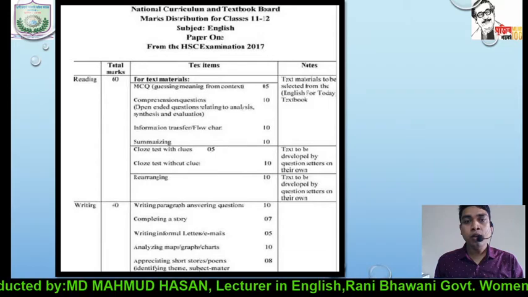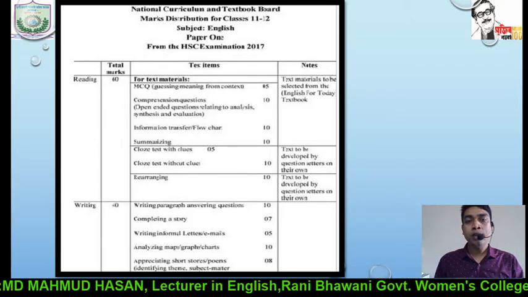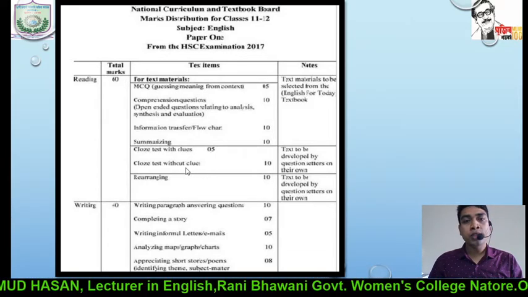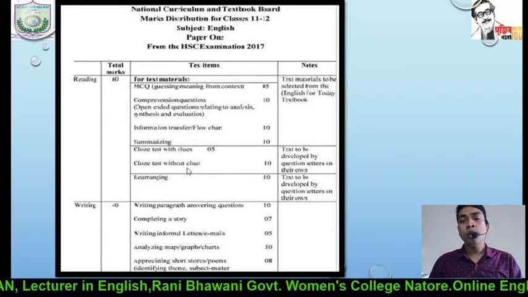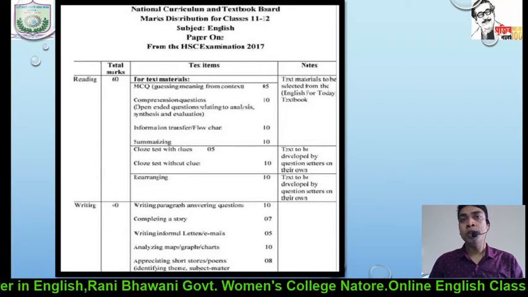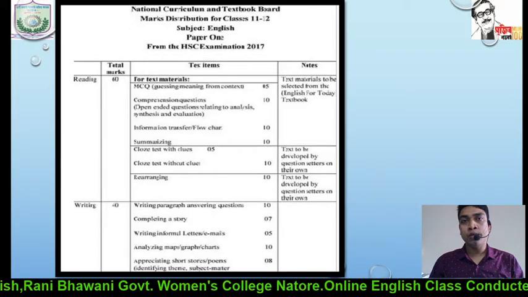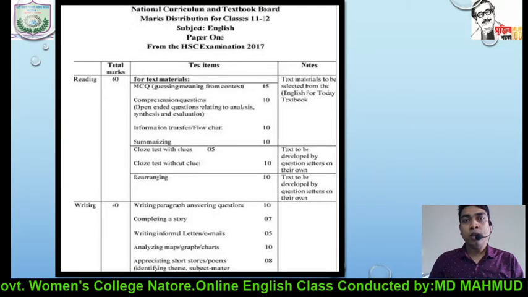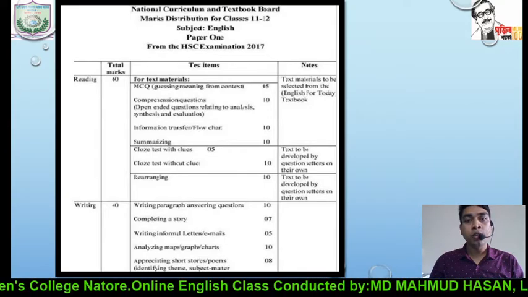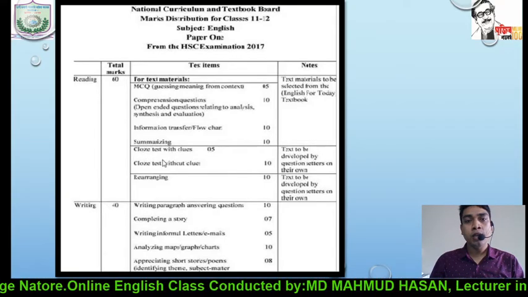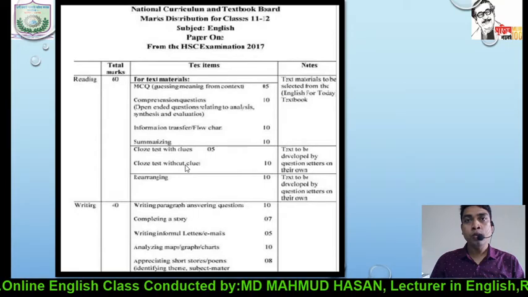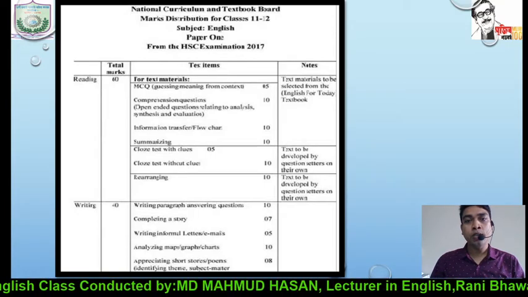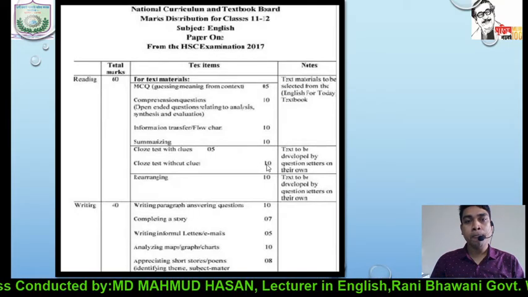This will cover 5 marks. And in the second cloze test without clues, you will not be given any information. As per your understanding, as per your comprehension, you need to fulfill the gaps. It will cover 10 marks.